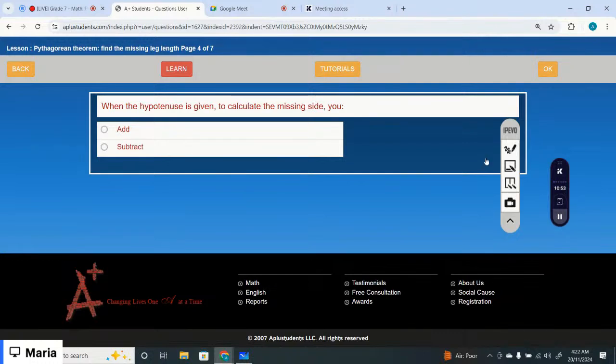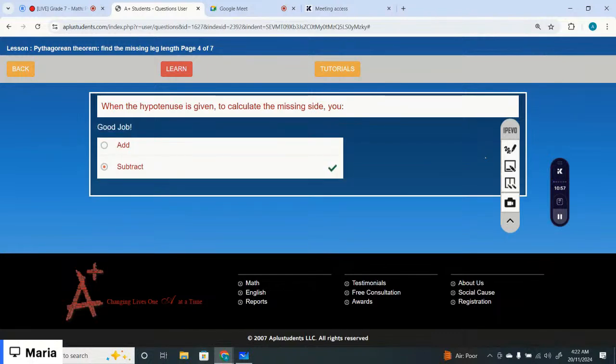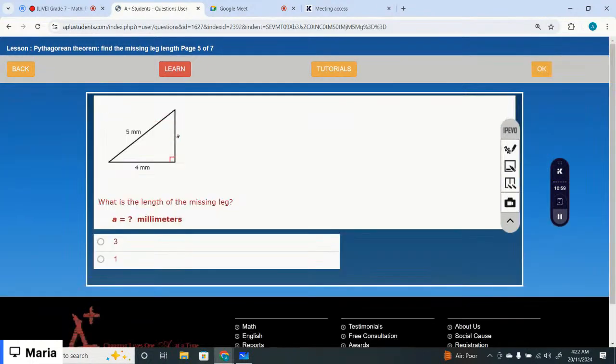Very good. You subtract. Option number 2 is the correct option. What is the length of the missing leg? So you can calculate the value and write the answer in the chat box.